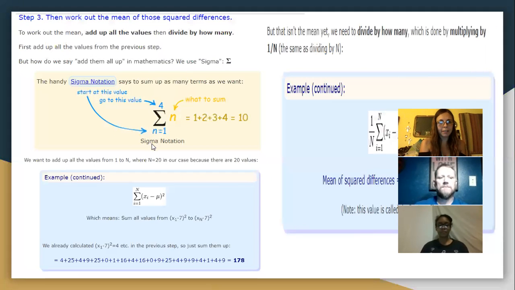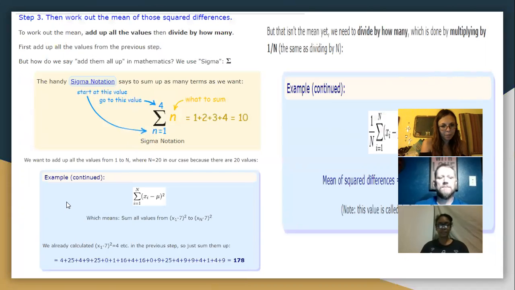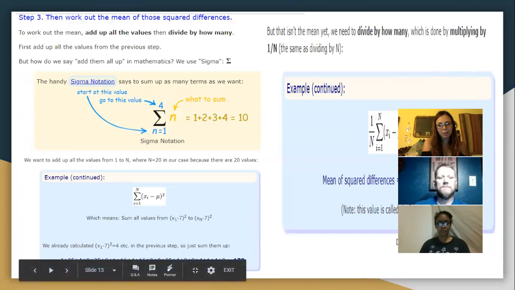You can write it out like this, and you start at this value and then go to this value, and so forth. So we already calculated in the previous step the row of numbers, so then we just add them all up to get a total of 178.